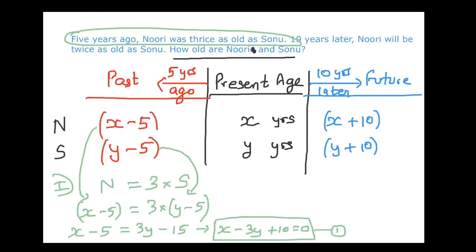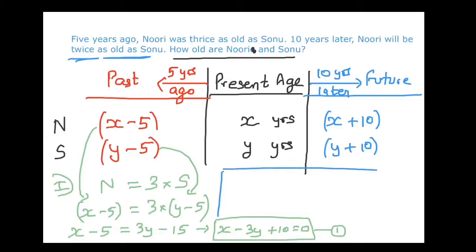Now the second condition is 10 years later, Noori will be twice as old as Sonu.